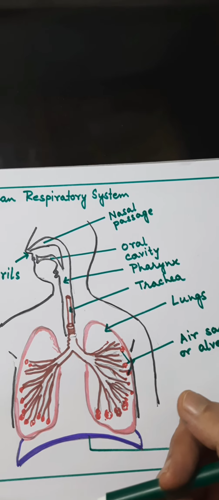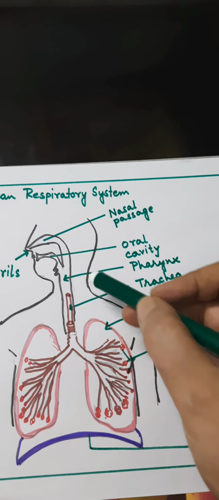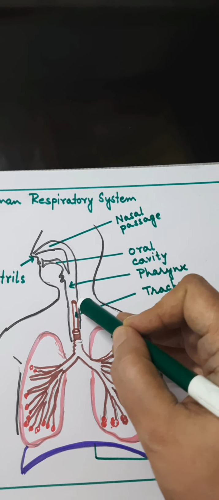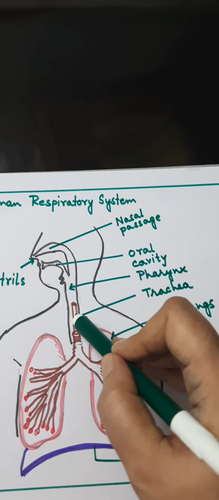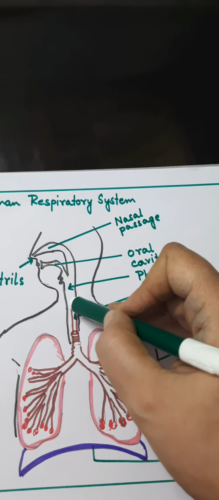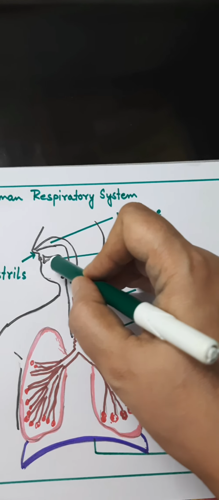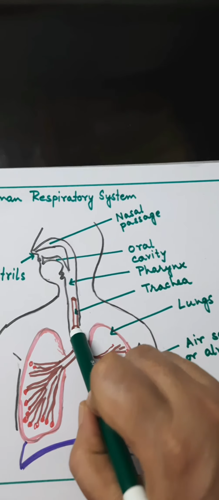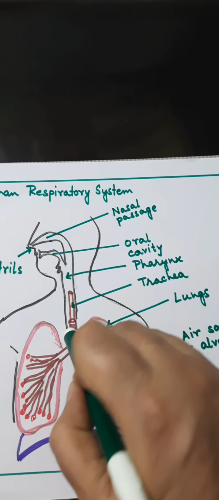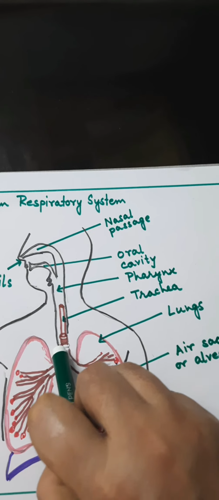During the act of swallowing, a flap-like valve closes the passage of the windpipe, so that the food does not enter the windpipe, and it goes to the food pipe. Right?